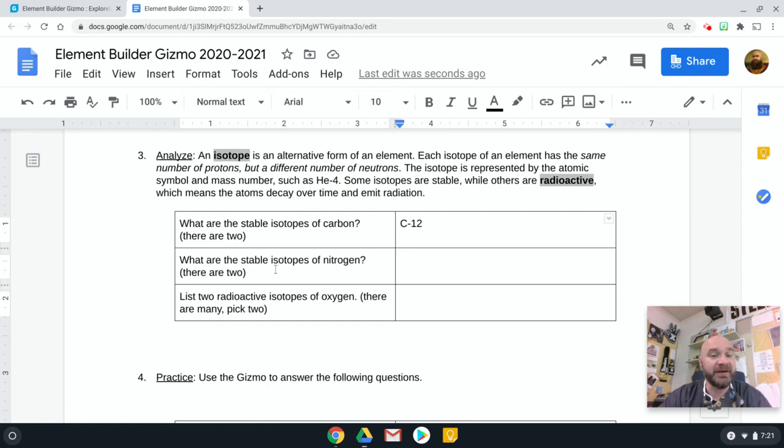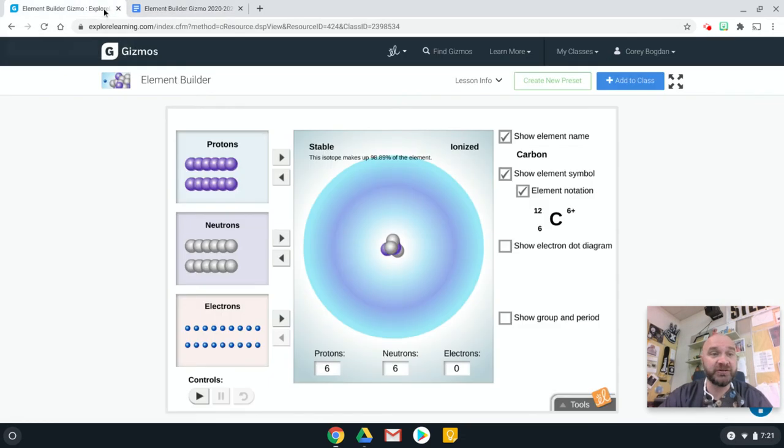All right. I need, for this one, the stable isotopes of nitrogen. So I need to change my element to nitrogen and start looking for stable versions. So there's nitrogen. This is radioactive. Add neutrons or subtract neutrons until you find 2 stable nitrogens.